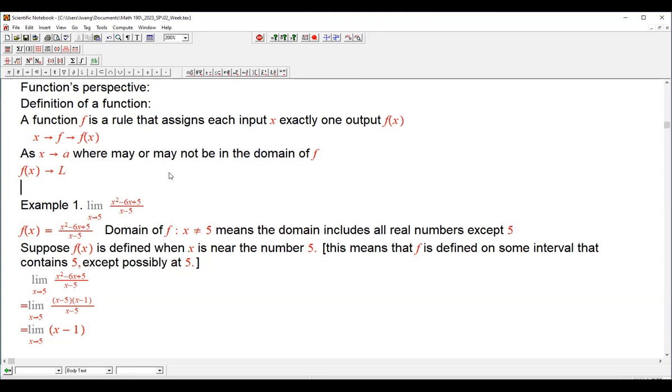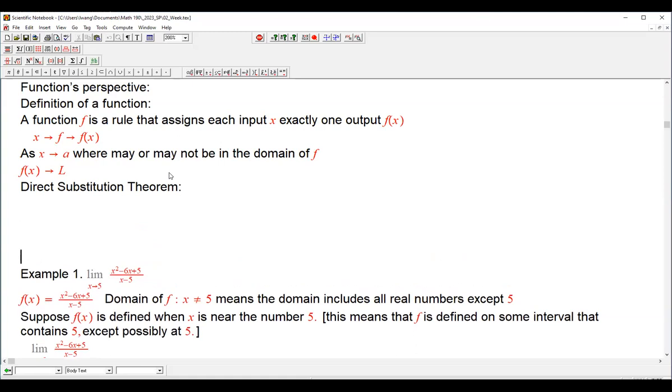Let's write it down. Direct substitution theorem. What does it say?